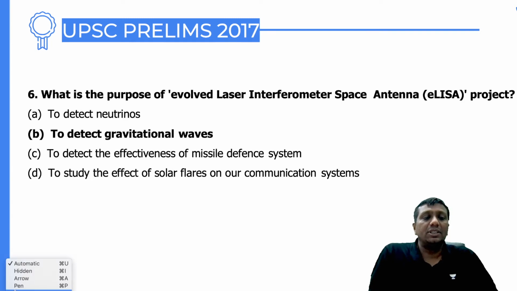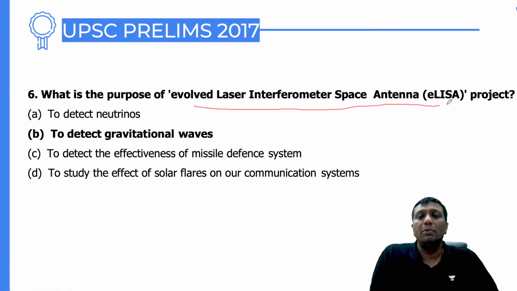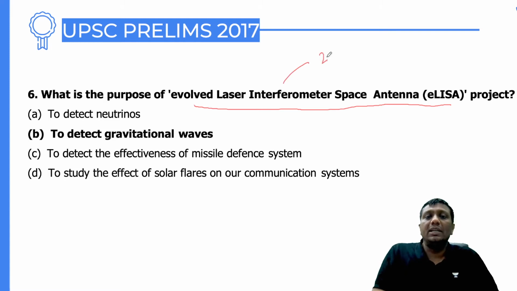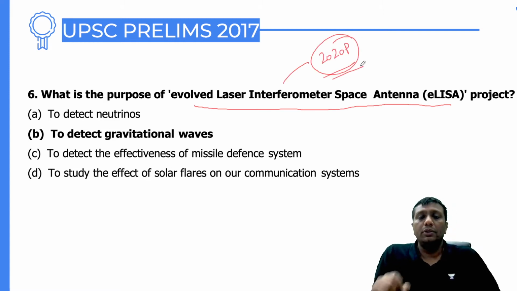Question number 6, UPSC asks: what is the purpose of the Evolved Laser Interferometer Space Antenna? I hope you have seen this was a question in the 2020 prelims also. In the 2020 prelims question paper, I discussed the eLISA project.